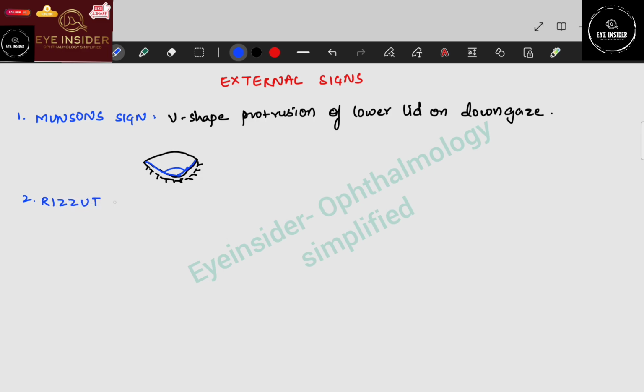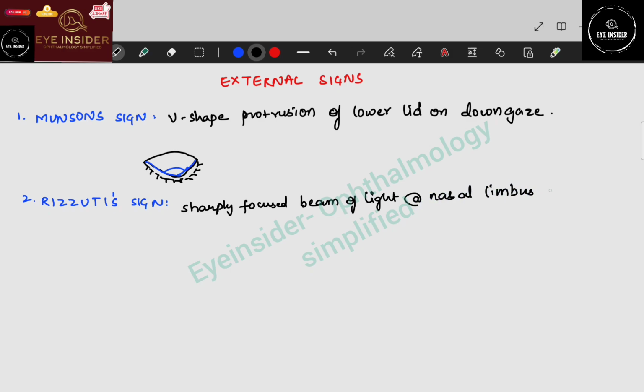Now coming to the second external sign, the Rizzuti sign. In this, when we throw a light from the lateral side of the eye, it gets focused sharply over the nasal limbus. Understood?